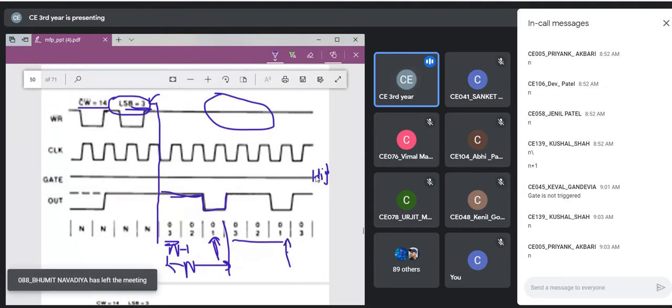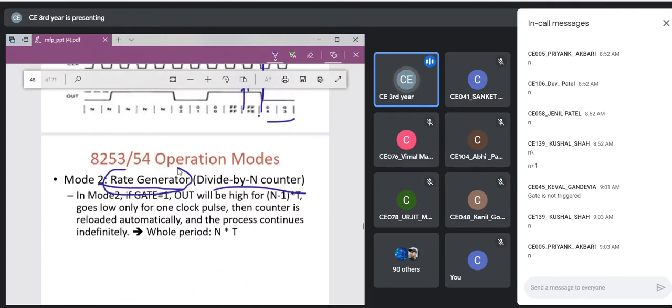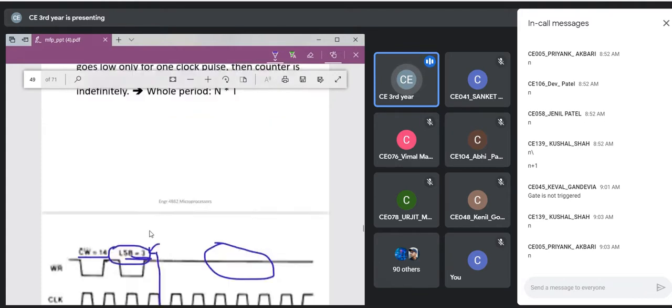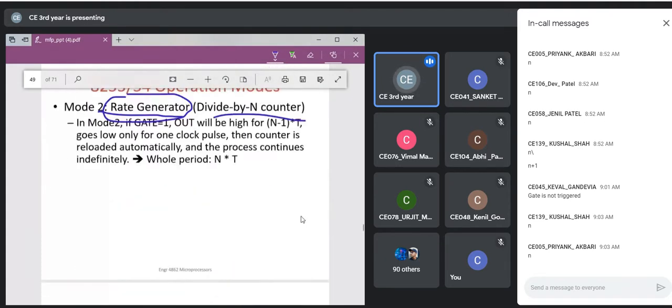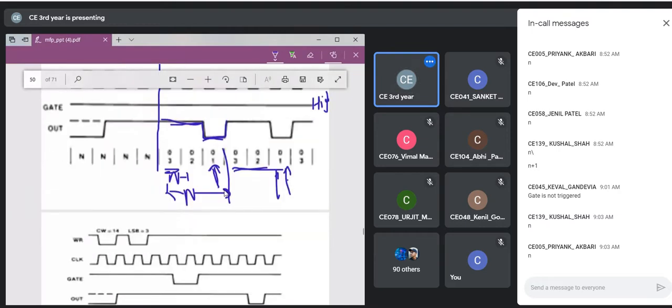Whatever your count, n minus 1 clock pulses it will remain high, and then it will go low for one pulse. Again n minus 1 pulses it will remain high, again for 1 pulse it will go low. So actually you are generating a rate: every nth pulse will be low. The whole period will be n, but for n minus 1 it will remain high.